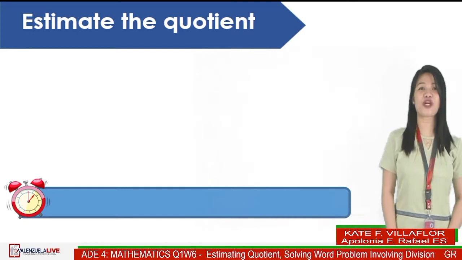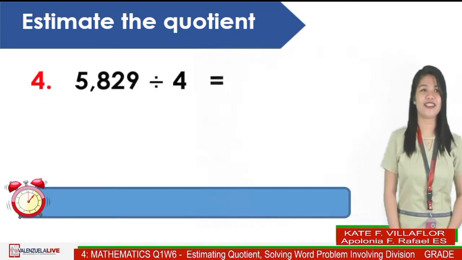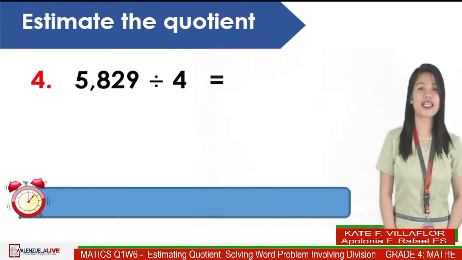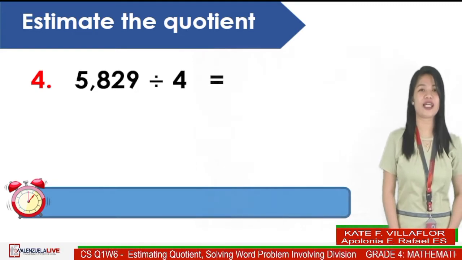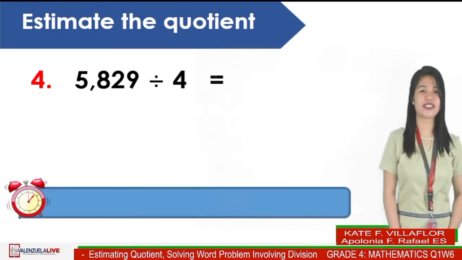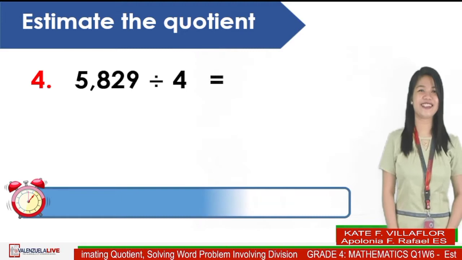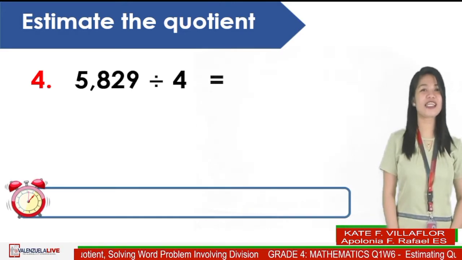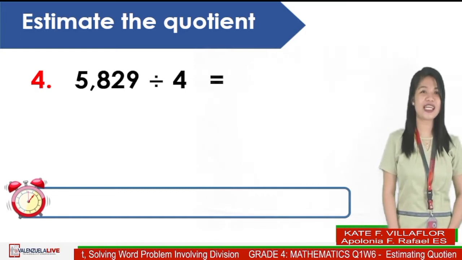Let's have number 4. Find the estimated quotient of 5,829 divided by 4. I'll give you 5 seconds. Okay, time's up. What is the answer?